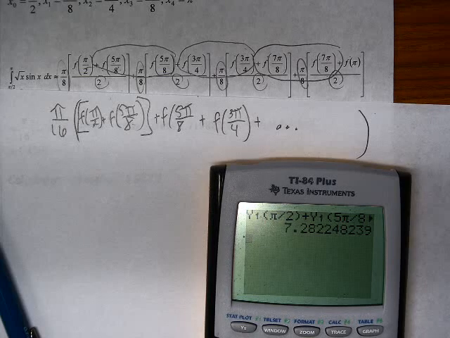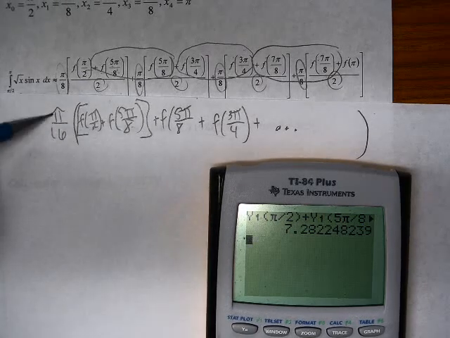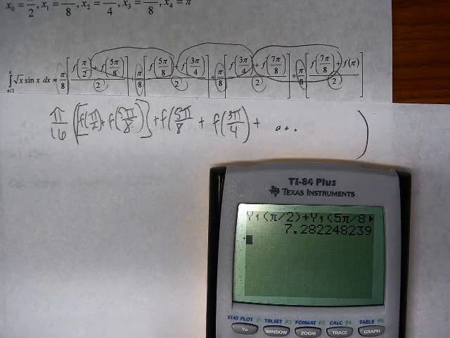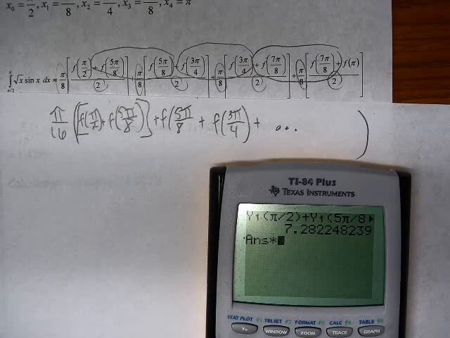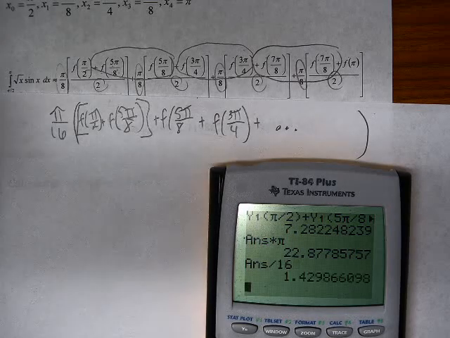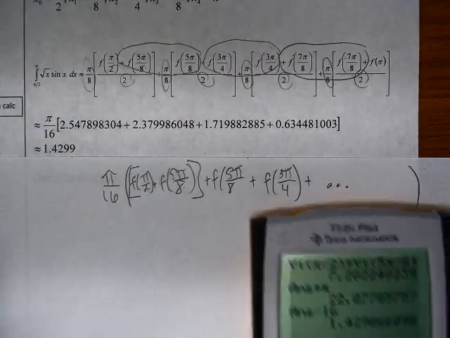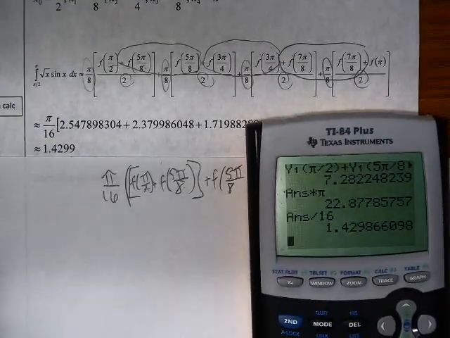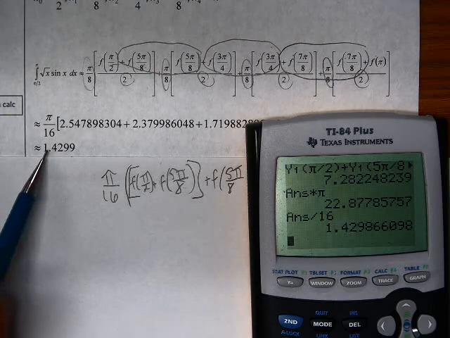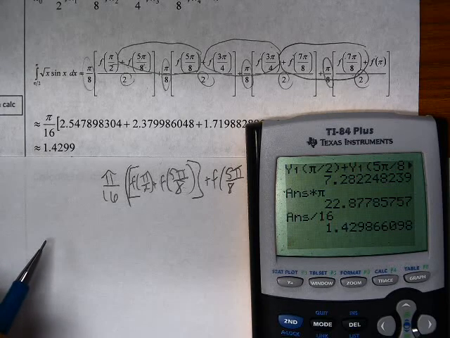So I can do that. Then I can multiply by pi and divide by 16. So that answer times pi divided by 16 gives me my numerical estimate based on trapezoidal approximation of the area underneath square root of x times sine of x between x equals pi over 2 and x equals pi.